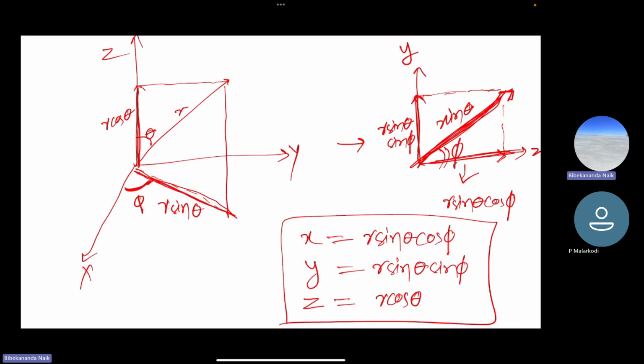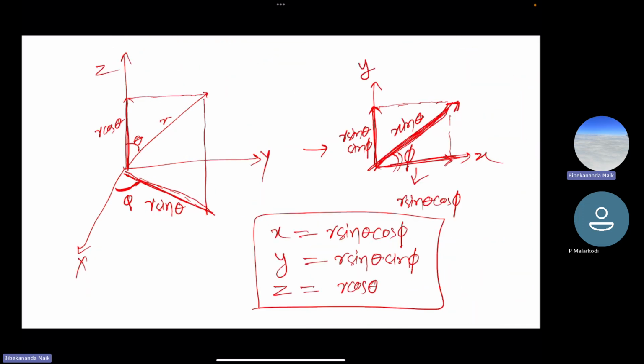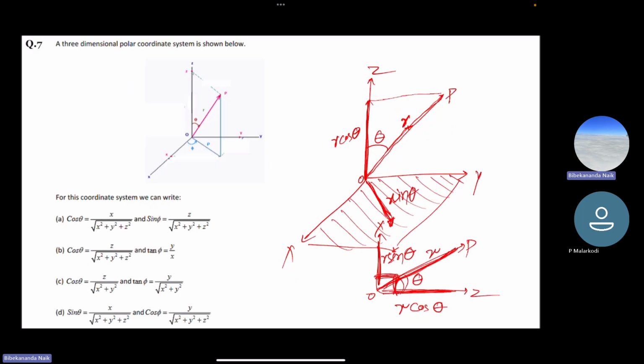So these are Cartesian coordinates and this is spherical polar. But in our question, spherical polar coordinates are on the left side and we need to express those coordinates in terms of Cartesian quantities. So very simply, if we divide y by x, r sin theta will get cancelled out.